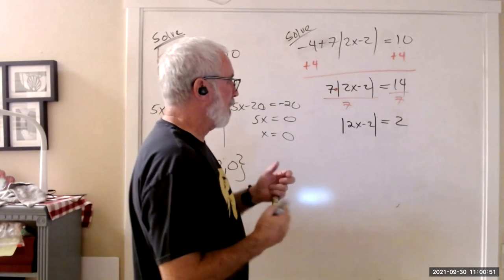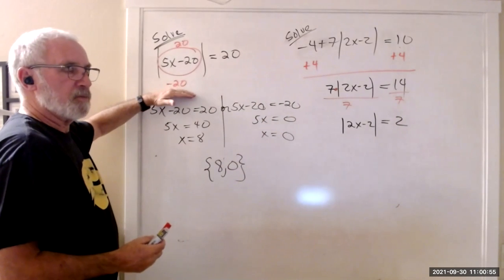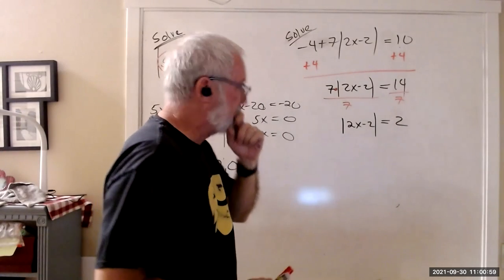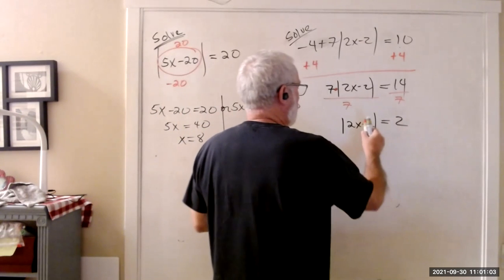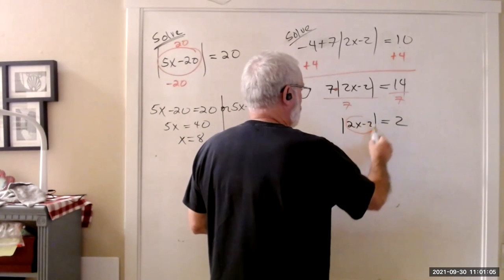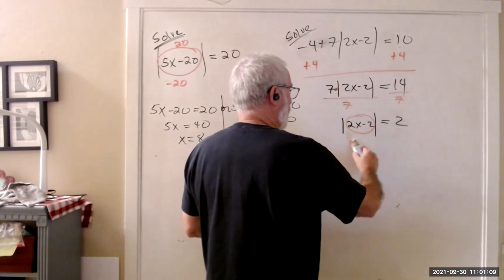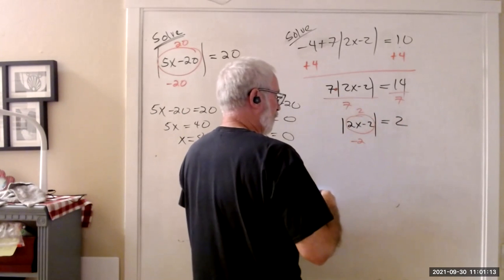Now, this problem is exactly like this problem. So there's going to be 2 answers, always. I'll get you started. If the answer's 2, this inside quantity could have been worth negative 2, or it could have been worth positive 2.